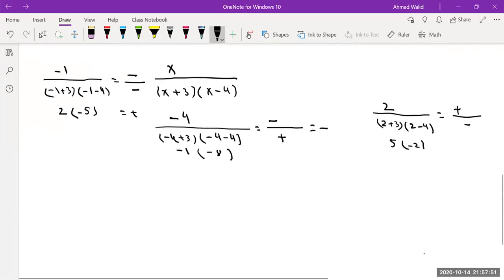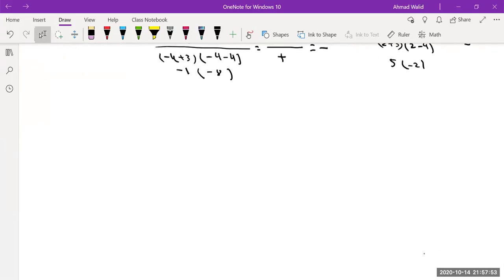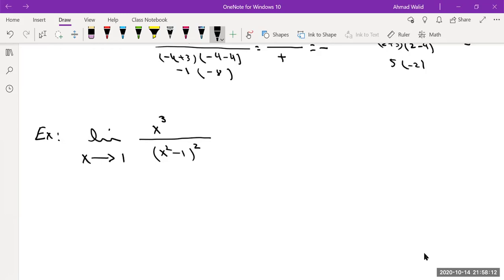When you do vertical asymptotes, it doesn't matter, but if they give you such a problem, for example, the limit of x cubed over (x squared minus 1) all squared as x approaches 1.